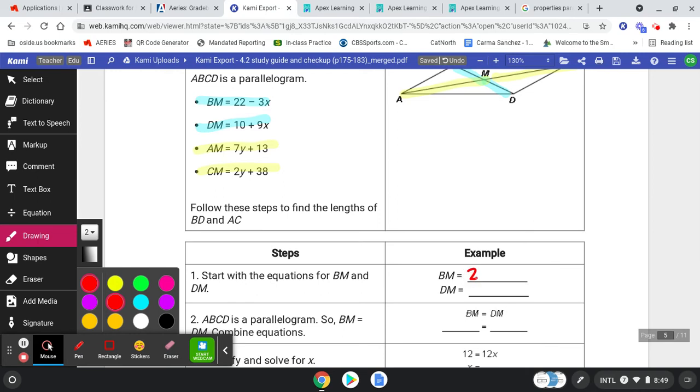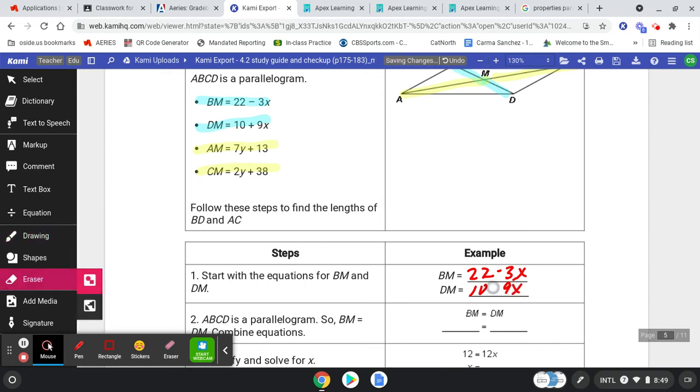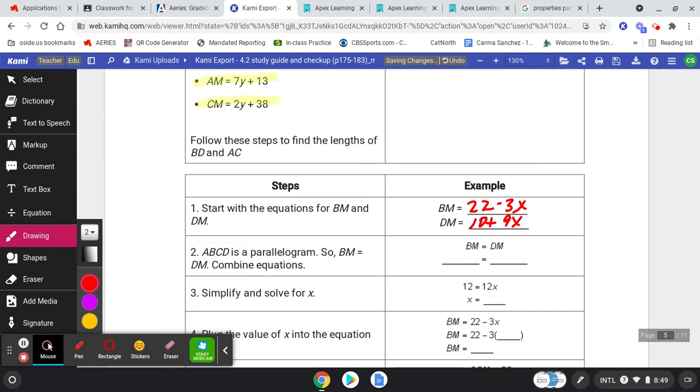BM is equal to 22 minus 3x. DM is equal to 10 plus 9x. And we know that these two are equal. So go ahead and write those expressions as equal.